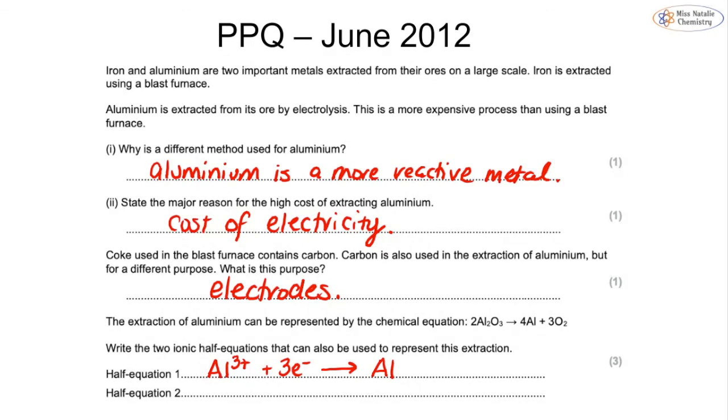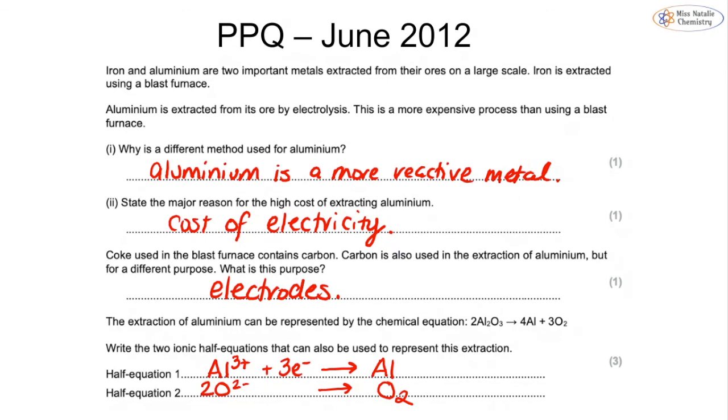When we have our oxygen, we know that we're going to have oxygen as an ion here, and it is 2 negative. And we are going to be forming oxygen gas. Now, oxygen gas is a diatomic, so it is going to be O2. So I'm going to need to have 2 oxygen ions.